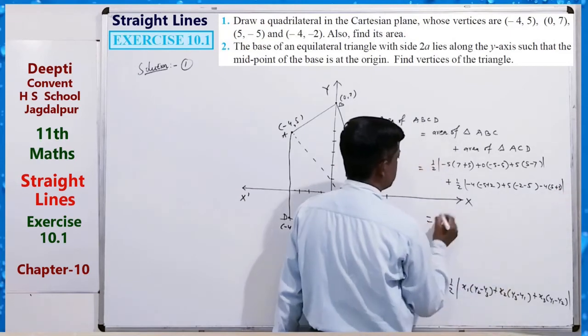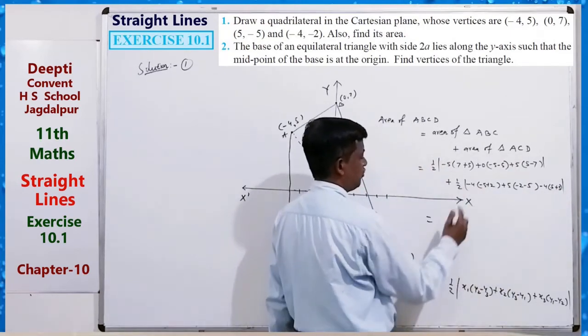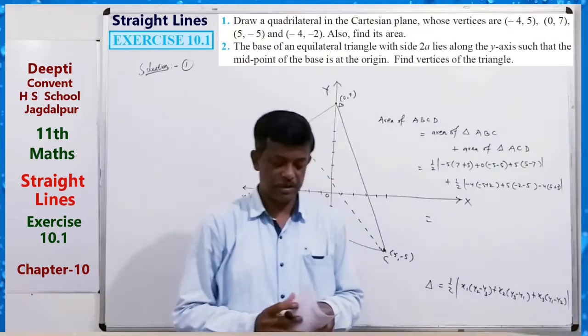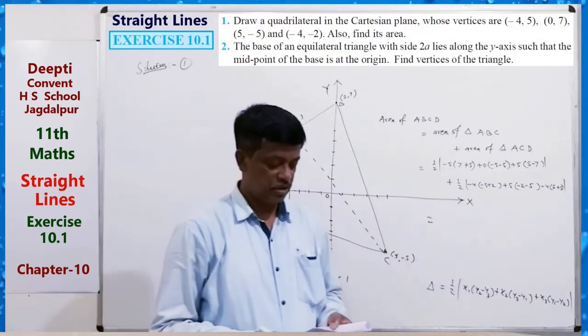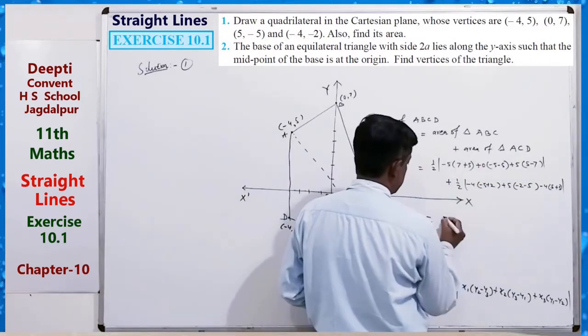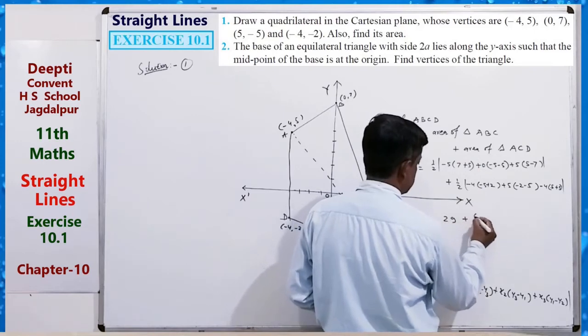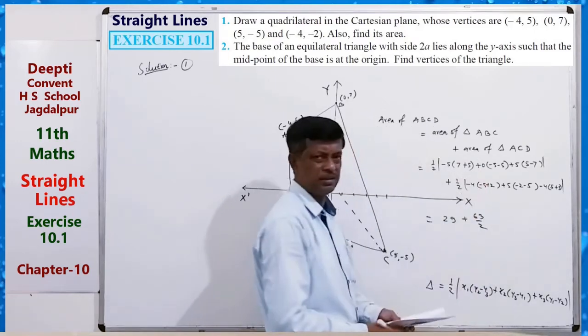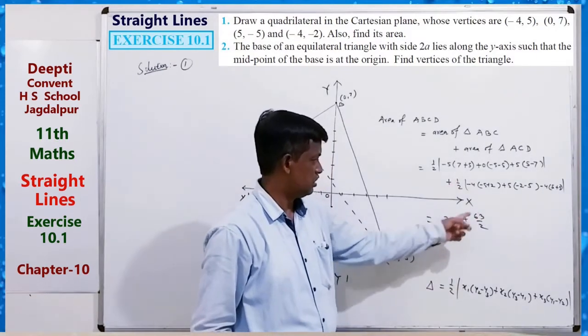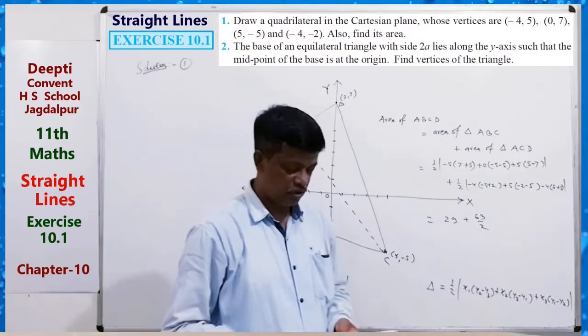Now you can solve it, take the modulus and half, and get the value. So the area of the first triangle is 29 and the second is 63 by 2.